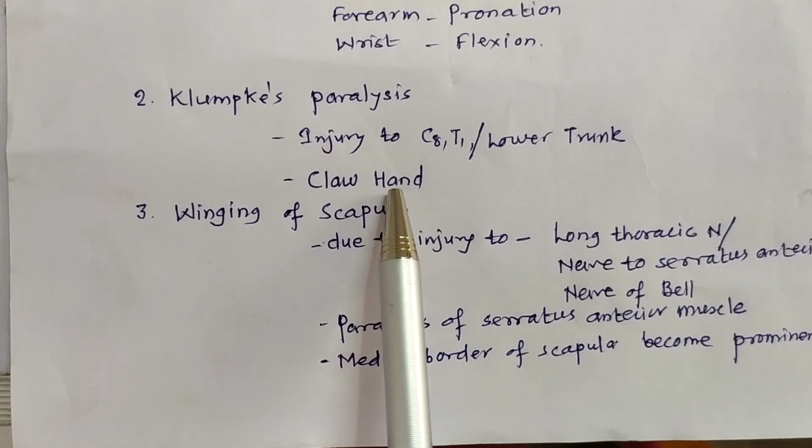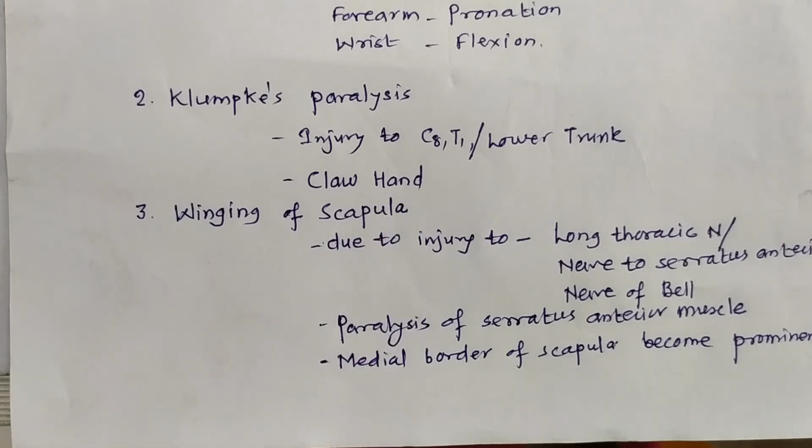In the claw hand, there is hyperextension of the metacarpophalangeal joints and hyperflexion of interphalangeal joints. This position is called as claw hand.